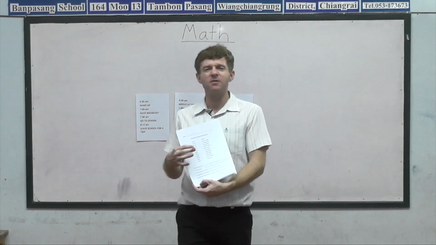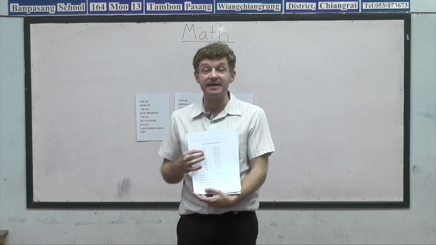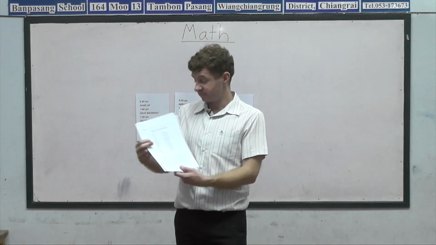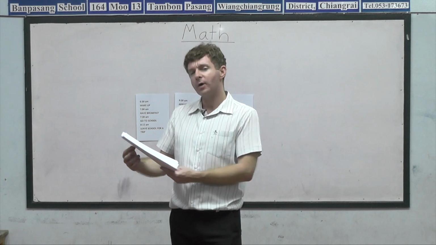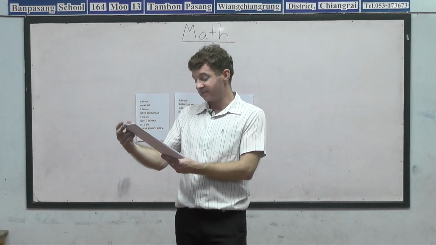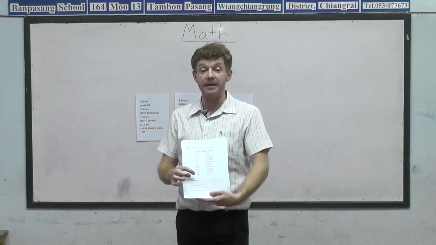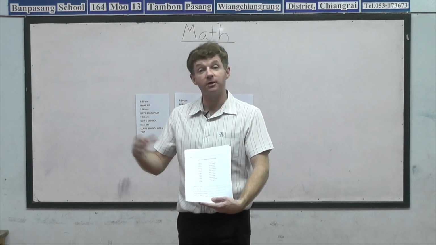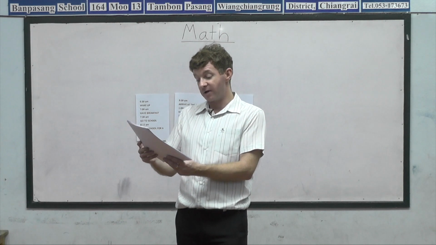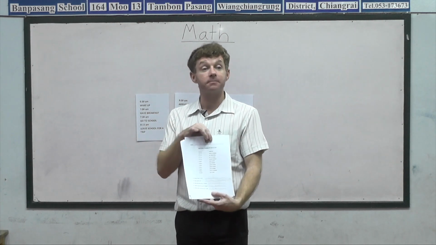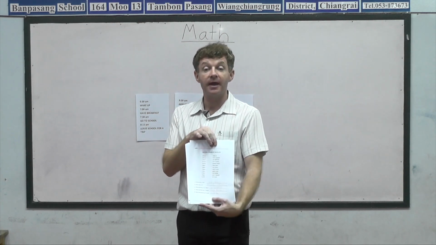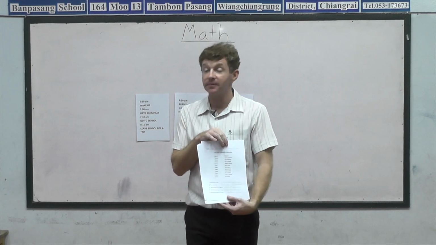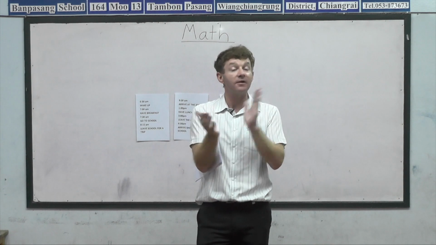What did Mary do at 7:30 a.m.? Eat breakfast. Question 4. Where did Mary go at 5:30 p.m.? Mary arrived home. She goes home. And the final question, what time did Mary go to bed? 8:15 p.m. Excellent, guys. That was very well done.